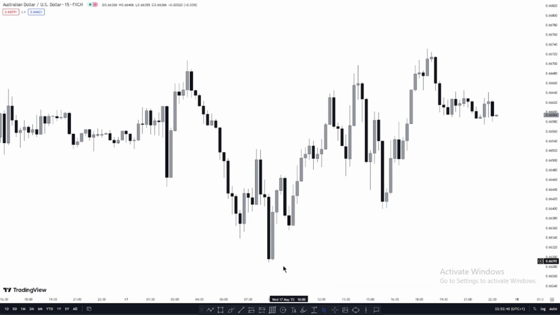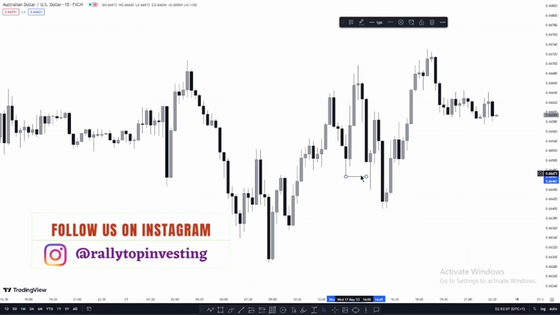Price made a higher high, according to them, higher low, higher high, higher low, higher high, and then price came down. To them, this will be a CHoCH. If price had closed below it, they will regard this as a CHoCH. In fact, some people will still mark it as a CHoCH even though price didn't close below it. But eventually, price closed below this low. So this to them becomes a CHoCH.